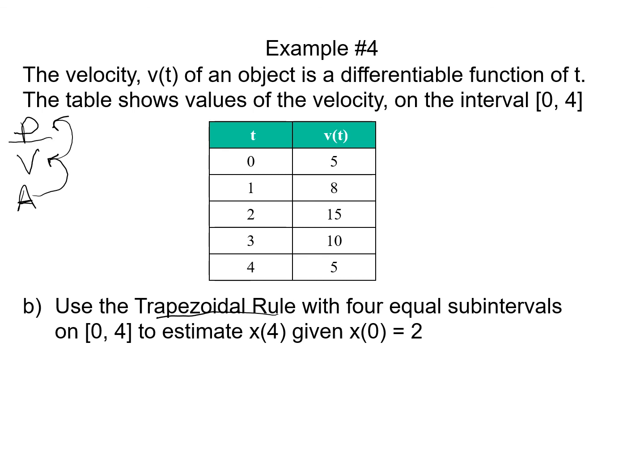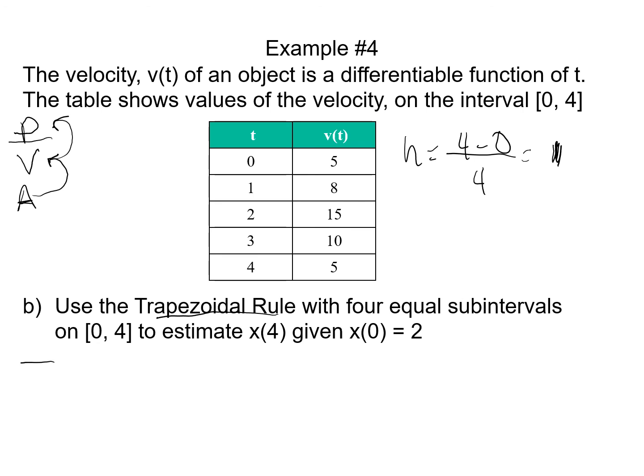Okay? So, but this has equal intervals. So this is not really fun to do, but we'll do it. We could use the rule or we can use individual triangles. So because it's equal, I'm just going to use the rule. So the rule would be, to find h, 4 minus 0 over 4. So h is 1.